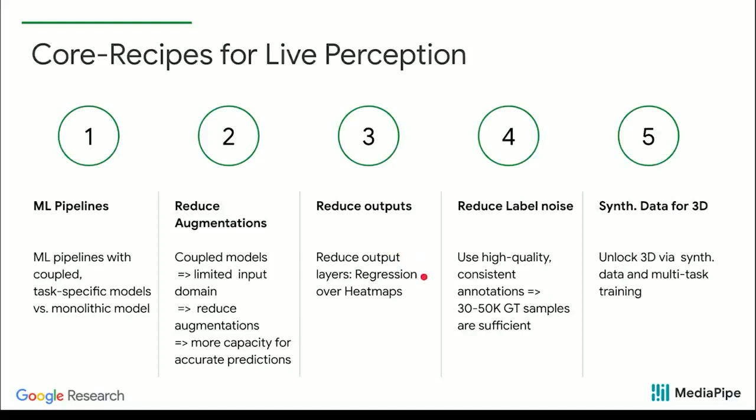And so we favor regression over heat map approaches. We'll also use data sets that have very high quality, consistent annotations, and that will allow us to actually use data set sizes of just like 30 to 50,000 samples. And then we make heavy use of synthetic data to unlock 3D prediction without using any form of scanning equipment.